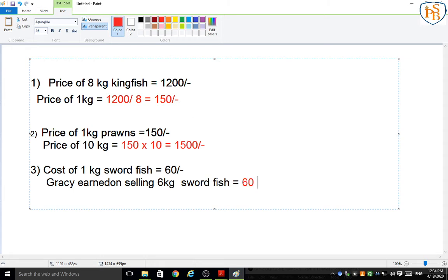Per kg price is 60 rupees. So for 6 kilogram, the price is 6 times 60, 360.